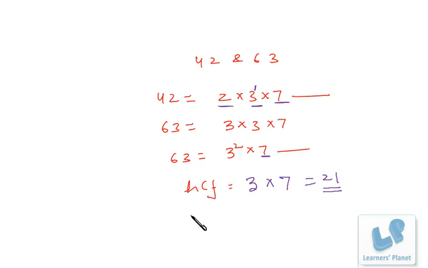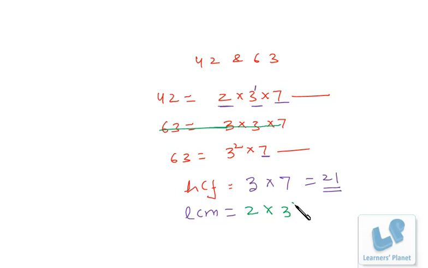Now the next thing is, suppose we wish to take the LCM. When we have to find the LCM, we have to take the greatest exponent of every number. I just eliminate this. We have this and this. Now we take the greatest exponent of the number 2, so it's 2 only. Then the greatest exponent of the number 3 is 3 raised to 2.